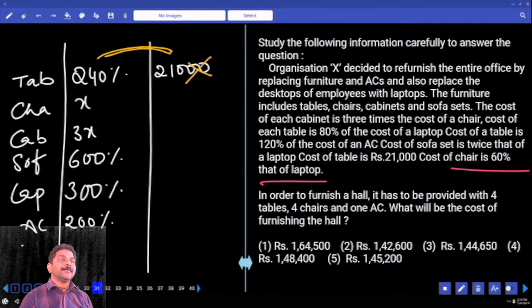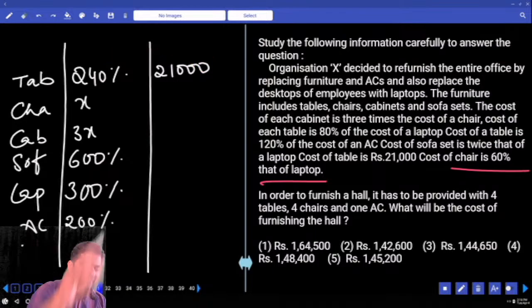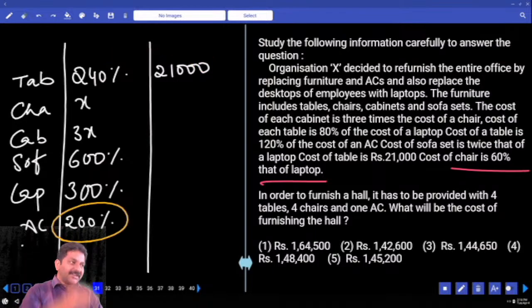What is there? Right hand side, what is there? 210. Can you tell me the relation between 240 and 210? 8 is to 7 only. So I know that 8 is to 7 is the relation. Now let's concentrate on this.